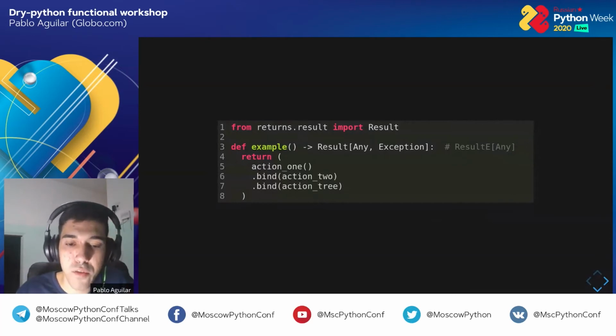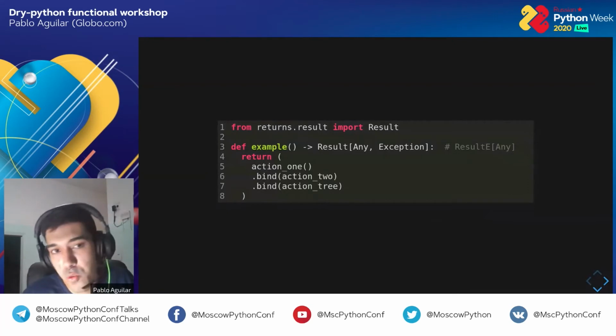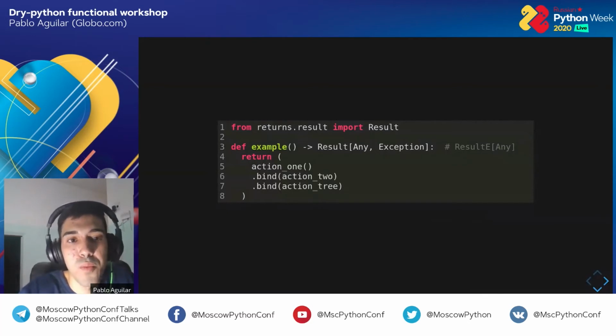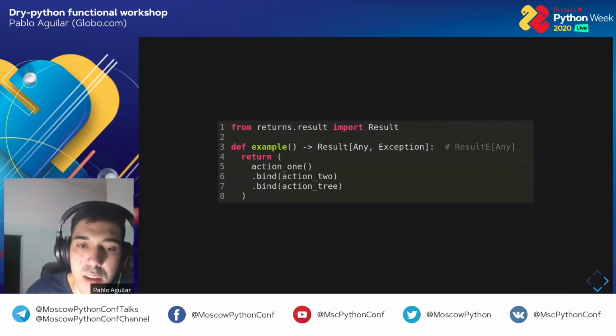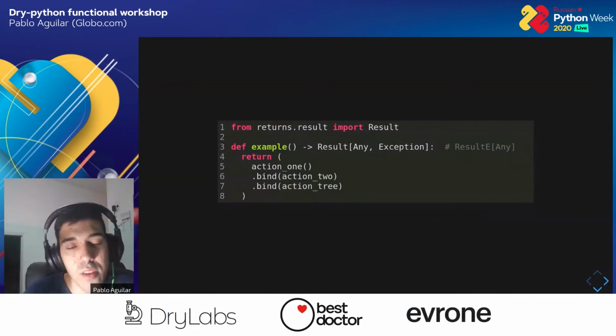The type on the left hand side is the type we will return if everything goes well, and we don't meet any problems. And on the right hand side we have the exception type, because if something goes wrong, we will return an exception.